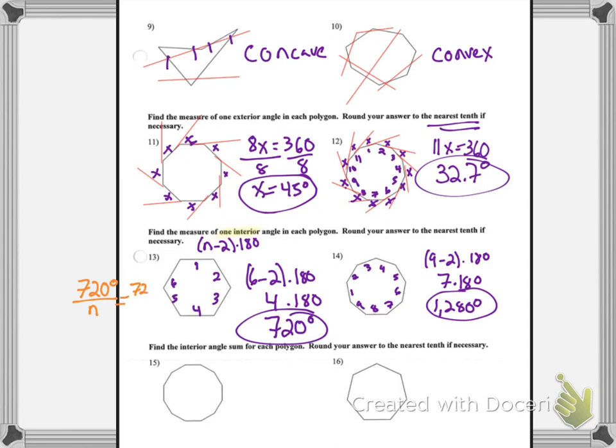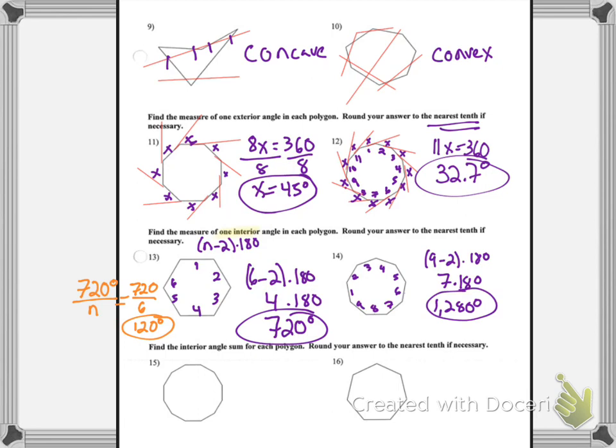So it's going to be 720 divided by 6, since we have 6 sides here. 6 goes into 7 one time, 6 goes into 12 two times, so 120 degrees is the measure of one angle.